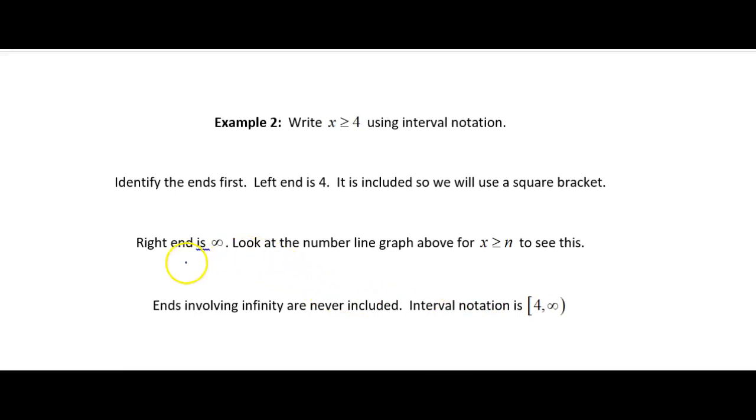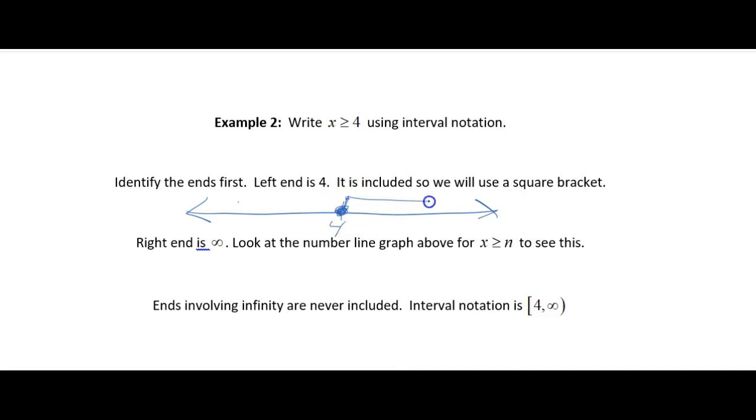Here's example 2. Again, it's only one-sided, so particularly for these, it's very helpful to draw a number line until you get used to this. So this time, x is greater than or equal to 4, so I'm going to fill that in with a closed circle, and x is the bigger one. So this symbol here points to the smaller value. It points to the left, that's the 4.